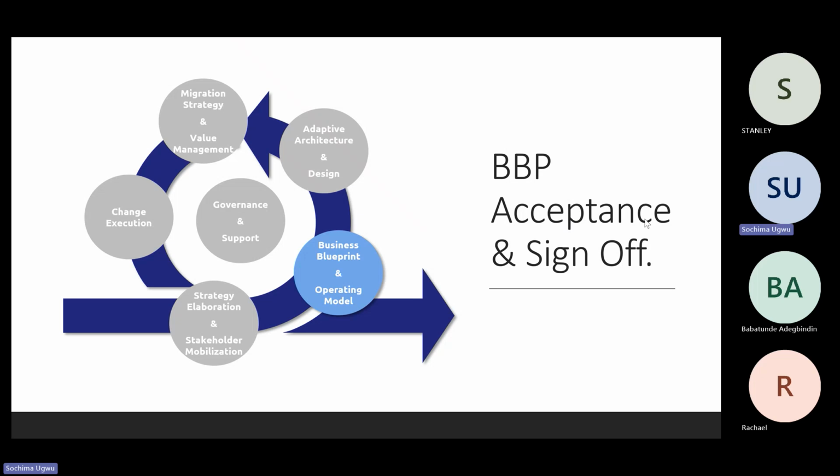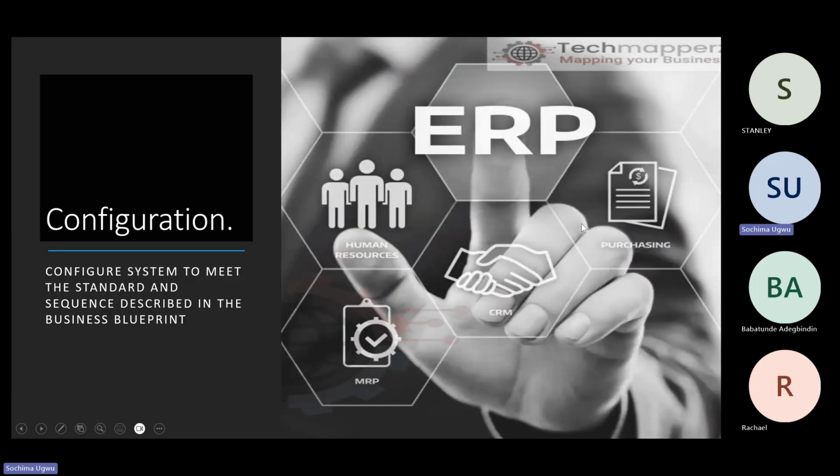So at the point when the blueprint is signed off, we can then proceed with the configuration of that particular system. Again, configuration is not quite the role of a business analyst. Otherwise, you are a business analyst who is very much vast in the area of using ERPs, enterprise resource planning software.